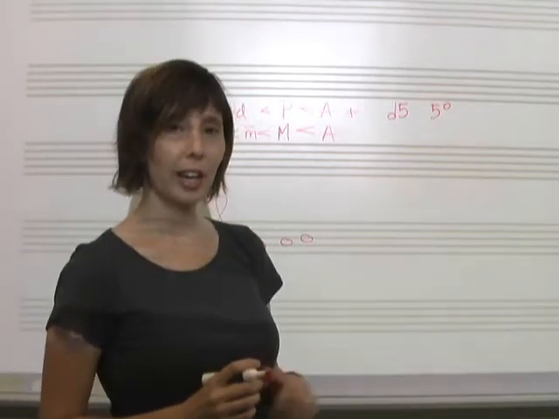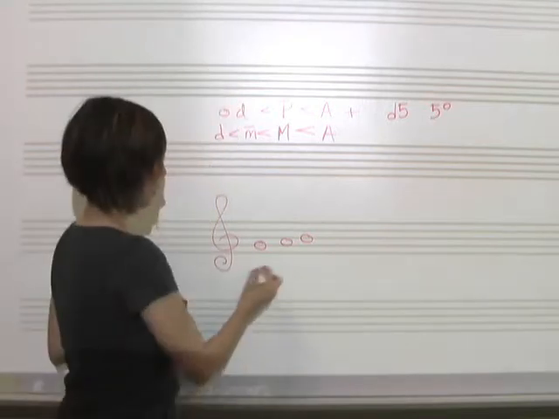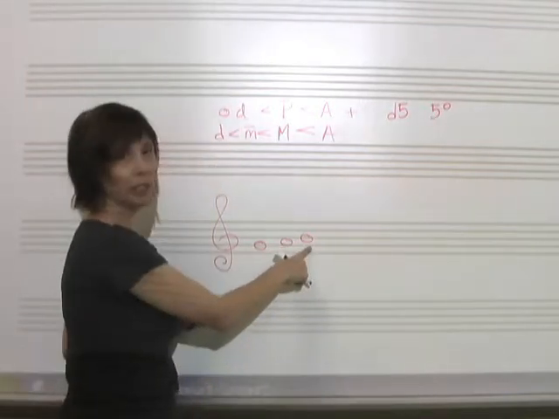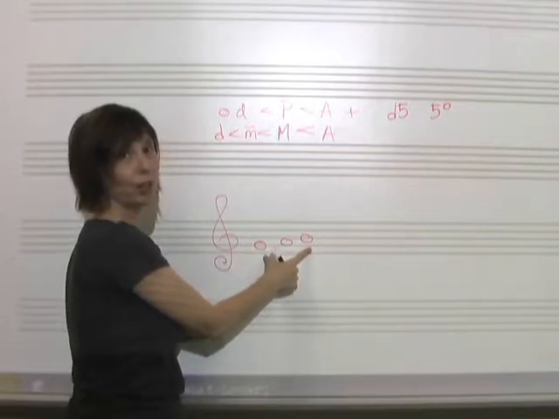Now, first I'll start with a major third, so I'll start with a major scale. Whole, whole. So B natural is a major third above G.